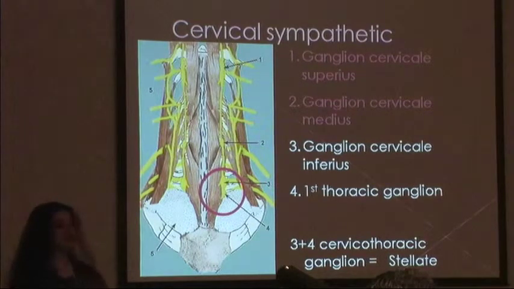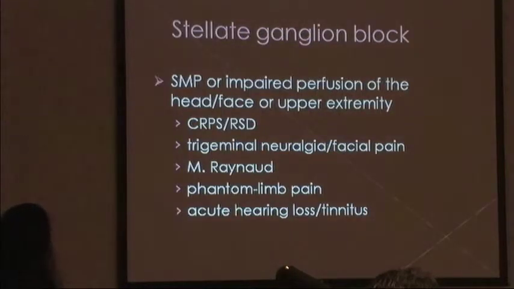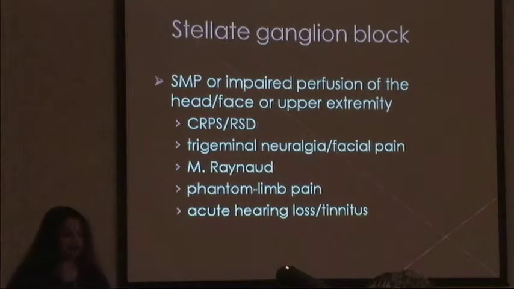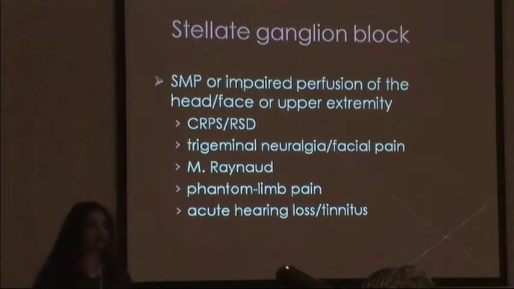This is a procedure that's been performed very often, and you can use it for cervical, facial headache, or pain of the upper extremity. There have been a lot of papers published on sympathetically maintained pain of the lower extremity, where the authors also did stellate ganglion blocks for the lower extremities and did obtain quite good results.